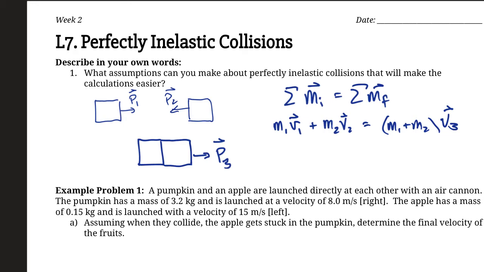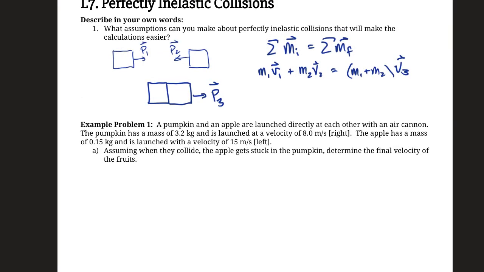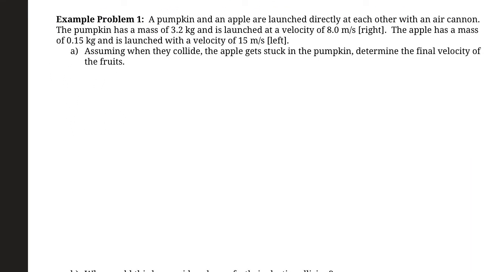That's the other assumption we need to make, that these two things stick together, so we can simplify the right-hand side. We don't need to look at these two boxes separately. This is a general equation that we can use when there's two objects. When there's more than two objects coming together, we can derive a different one, but most of the cases we're going to do in this course are going to be two objects coming together.